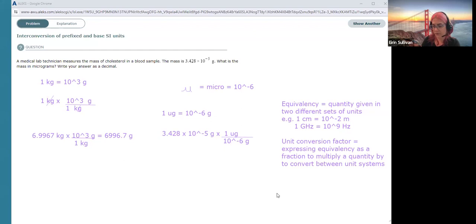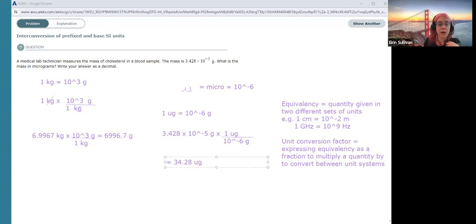Somewhere else, minus 5, close brackets, and then close brackets again, and then times 1 divided by open brackets, 10, y to the x button, to the power of minus 6. Sometimes you might have to write 6 minus, right? So it depends on your calculator. So yeah, I get 34.28 micrograms. There we go. 34.28 micrograms should be the answer.